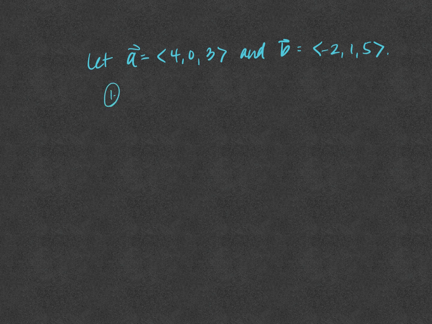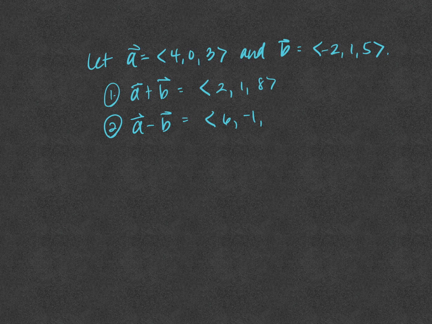So number one, let's find vector A plus B. We're going to add 4 plus negative 2 to be 2, 0 plus 1 is 1, and 3 plus 5 is 8. Number two, let's do vector A minus vector B. So we're going to take 4 minus negative 2 to be 6, 0 minus 1 to be negative 1, and 3 minus 5 to be negative 2.